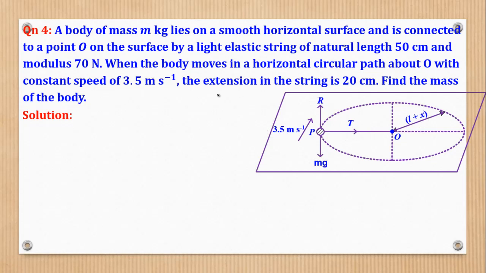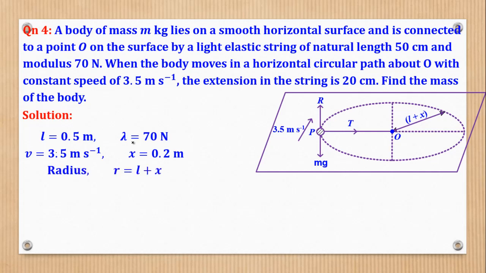Okay, so they want you to find the value of m. So we know that L is 0.5 and modulus of elasticity is 70. This v is that, extension is that. So this radius will be equal to this extended length. So add the two and get the radius.